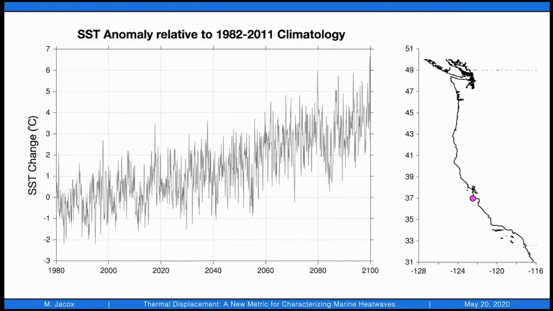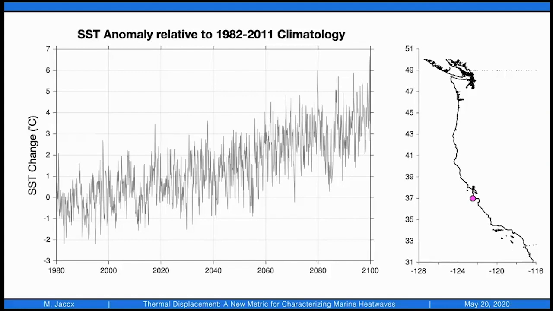But here is, going back to my California example, projected sea surface temperature at that location relative to a 1982 to 2011 climatology, the future change. And this is taken from a regional ocean model projection that was forced by the IPSL climate model.